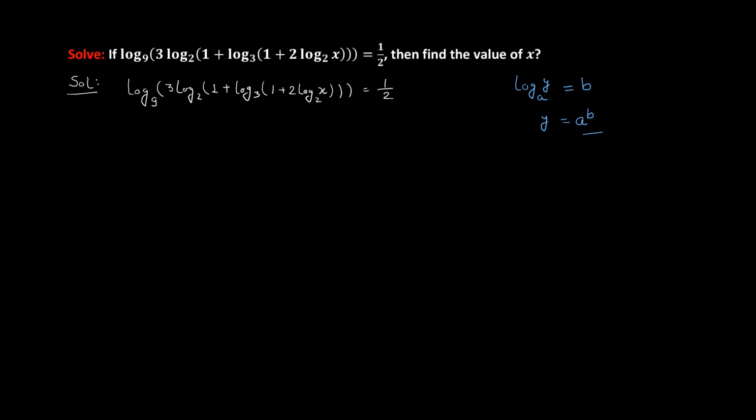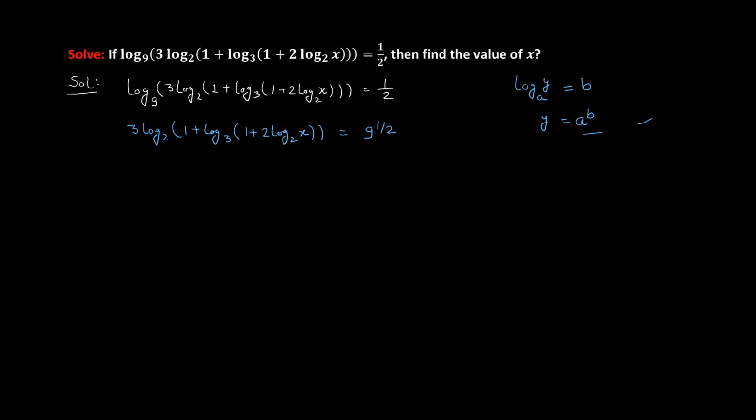So we can write it as 3 log base 2 of 1 plus log base 3 of 1 plus 2 log base 2 of x, and that is equal to 9 to the power 1 by 2, by using this formula.